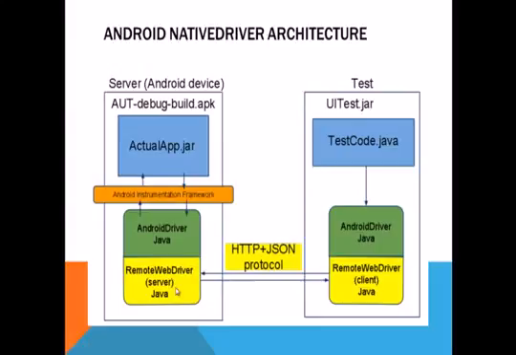So these two communicate with each other by HTTP or JSON protocol, and when it receives something from the remote web driver client to the server, then it communicates with the actual application.jar, and for this we pass one framework to make the connection more controlled and efficient.